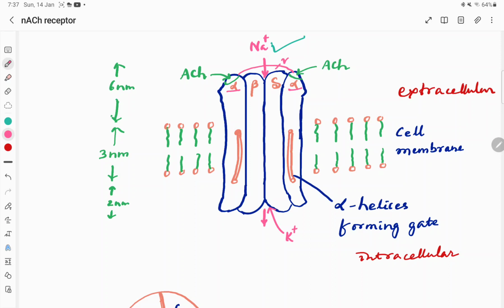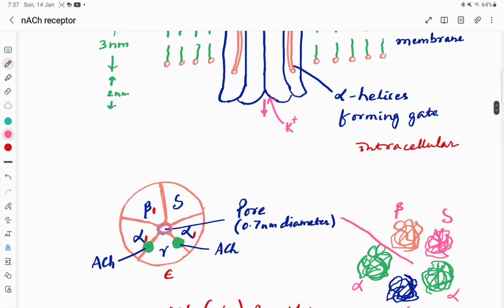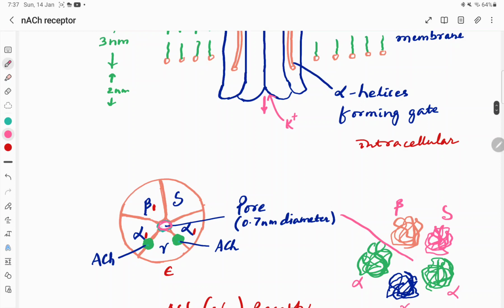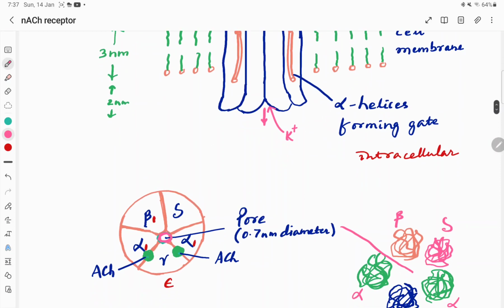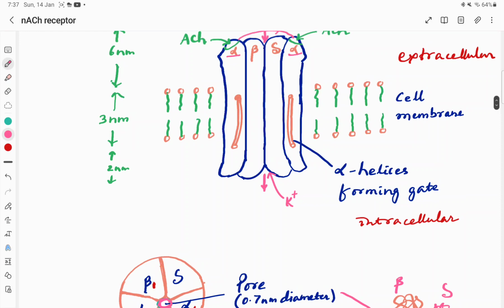Through that pore the cations like sodium, potassium move. And why they move? You can see here the lining of each of the subunits is negatively charged because of the presence of negatively charged amino acids, and because this lining is negatively charged, it is permeable to cations.